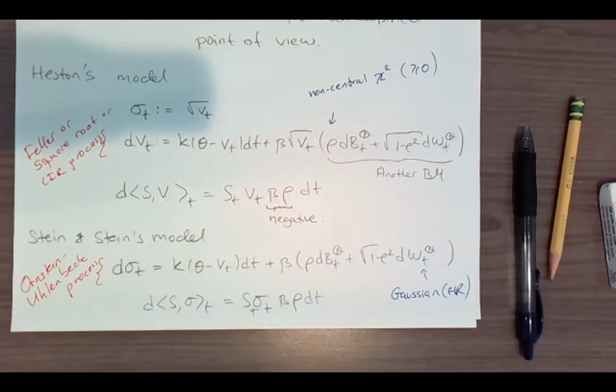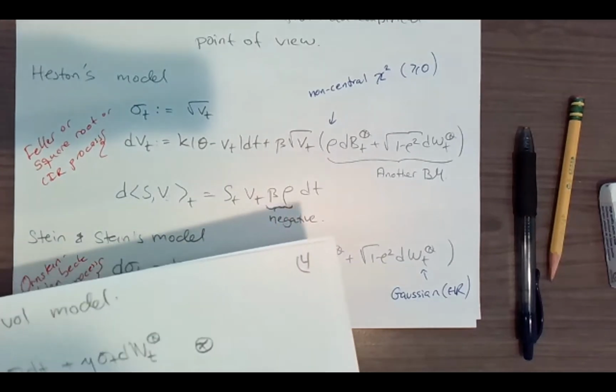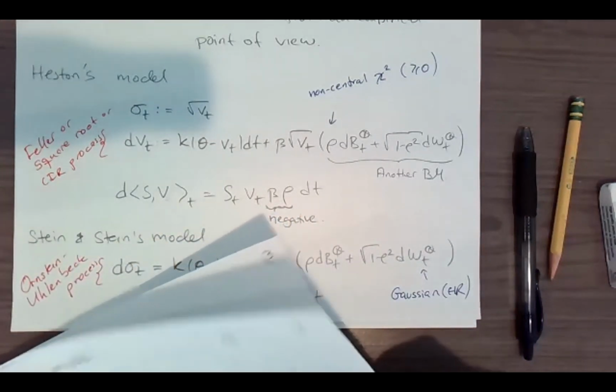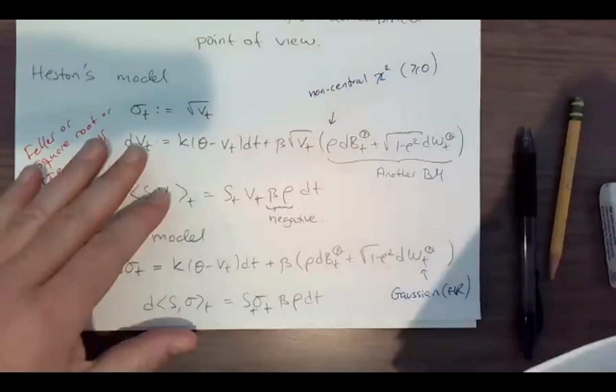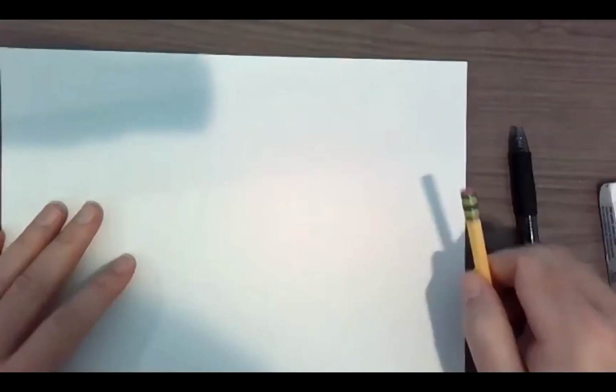So what I'm going to show you next is how to use characteristic functions to price options in these two models. We're going to switch over to derivative pricing in these two models.